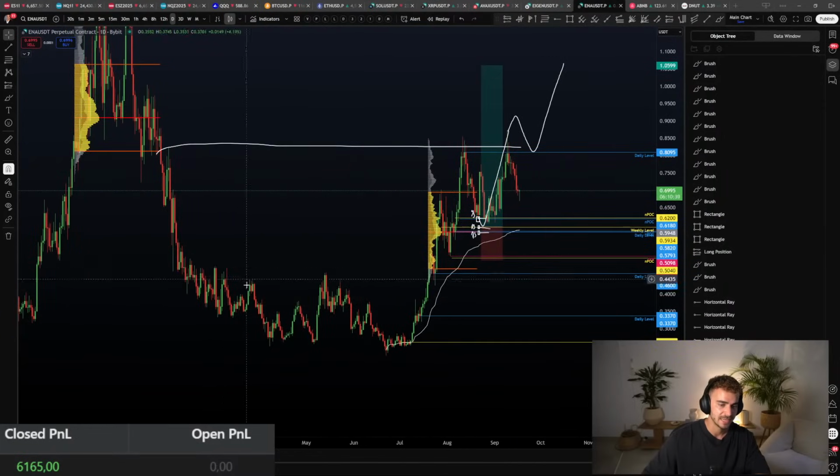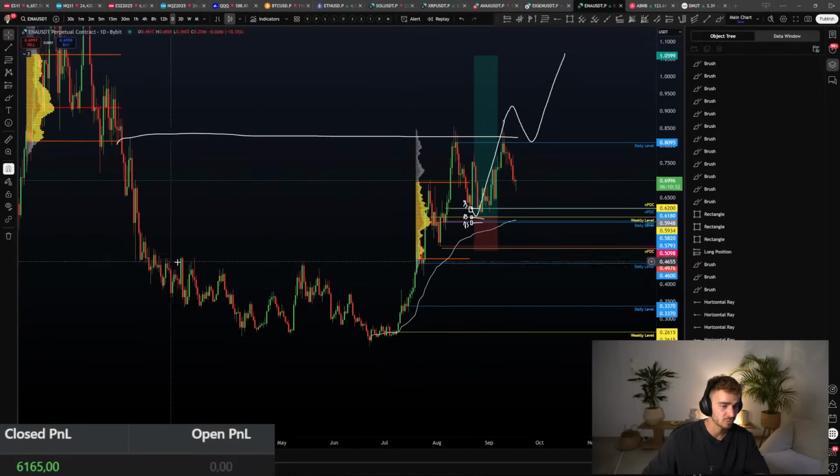Because on ENA, we had this nice consolidation range down here. We had the liquidity grab. We broke out of a very strong supply zone, we can see. Supply once, twice, 3, 4, 5, 6, 7 times impulsive break, the flip, and market structure is just continuing here.